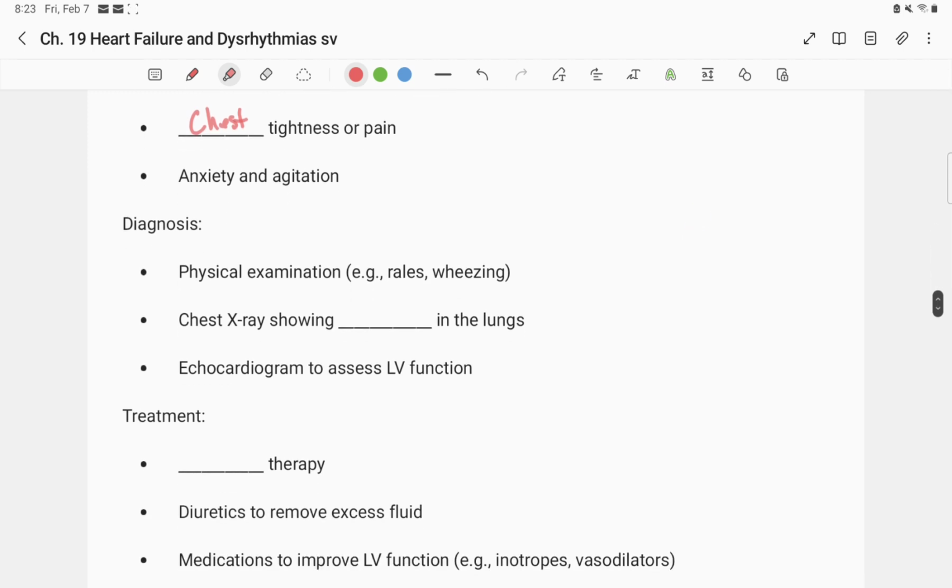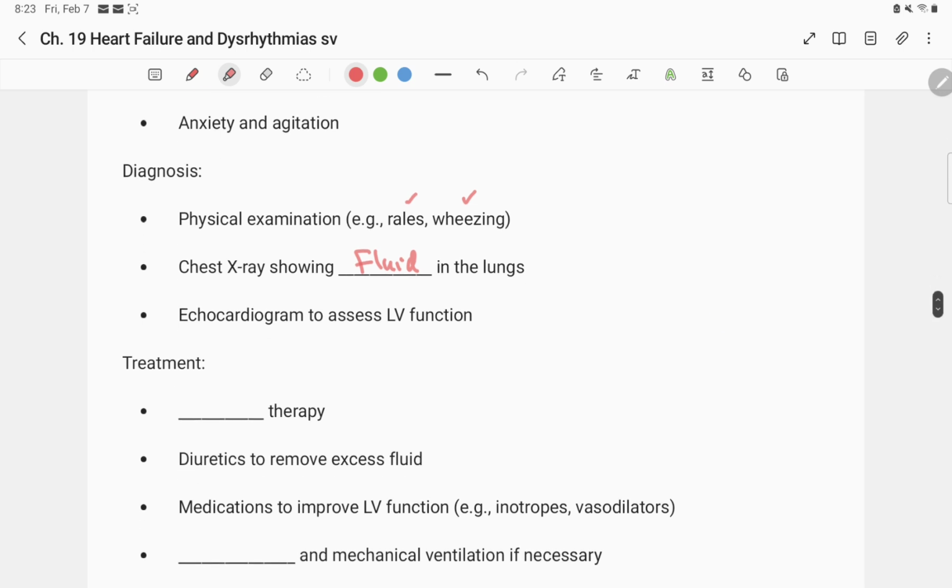Diagnosis: your physical exam, including rails and wheezing because you're listening to the lungs. A chest x-ray would show fluid in the lungs. An echocardiogram, which is essentially an ultrasound of the heart to assess left ventricle function.